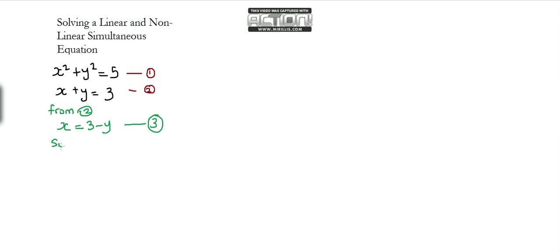So substitute equation 3 into equation 1. So we have (3 minus y) squared plus y squared equals 5.